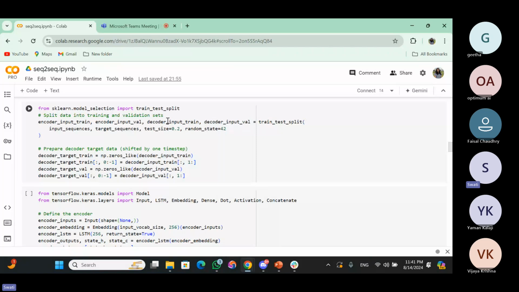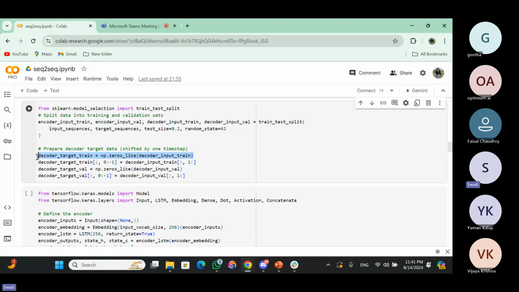Next, again we split the data into train and test, loading the split from sklearn. You split your input and target sequences. As I said in the presentation, if you remember, we provide the actual values to the decoder at the next timestamp. We don't provide the predicted ones. So for that we are preparing that sequence.